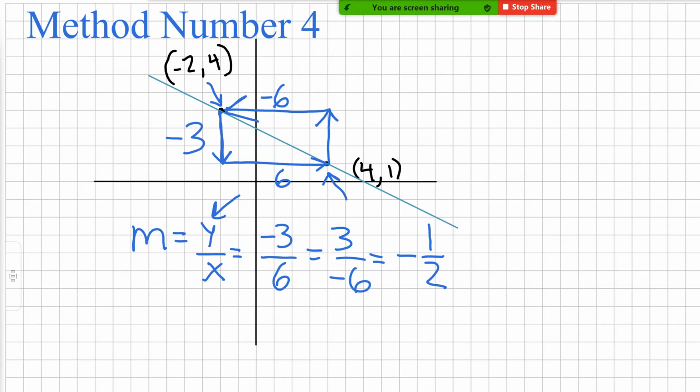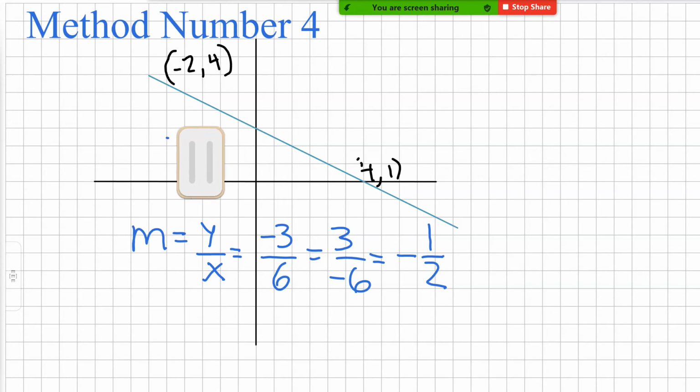Now here's something that's even cooler about that. I want you to notice that I'm going to go down 1 over 2 3 times. Down 1 over 2, down 1 over 2, down 1 over 2. And notice the fraction negative 3/6 is reduced by 3, and it created 3 little stairs.